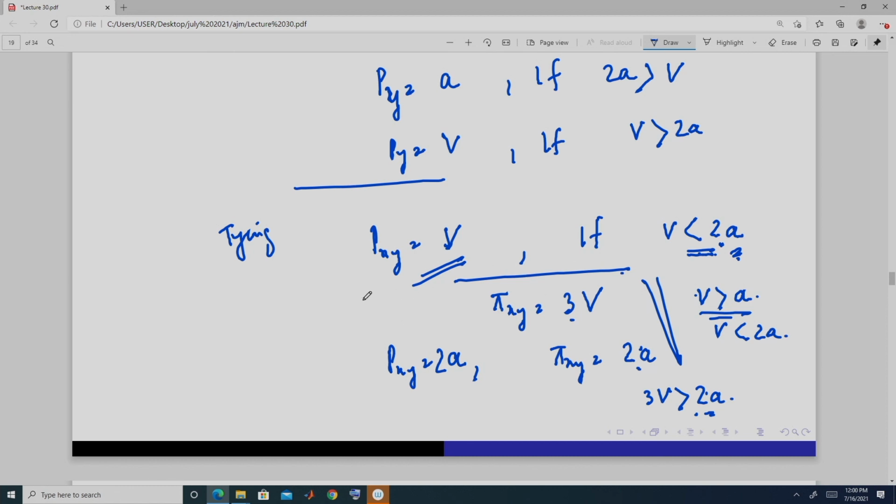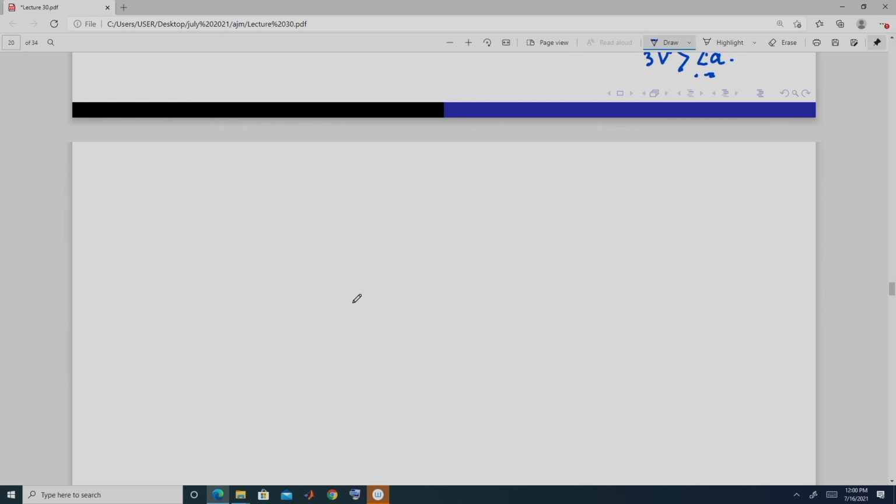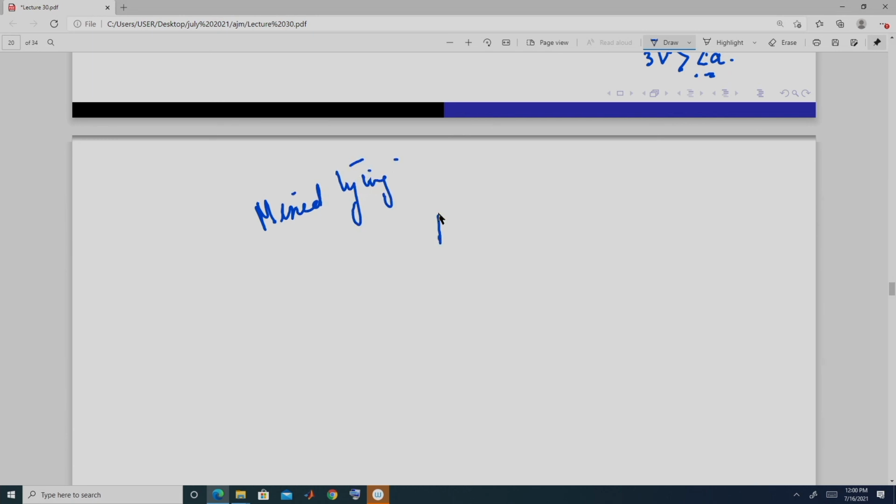So, now this is time, but the monopolist can follow another strategy, and that is mixed time. What can it do in mixed time? It can set one price where it is getting both X and Y at this price, and it can set a price V for this. Now, here in this situation, see, what is going to happen?